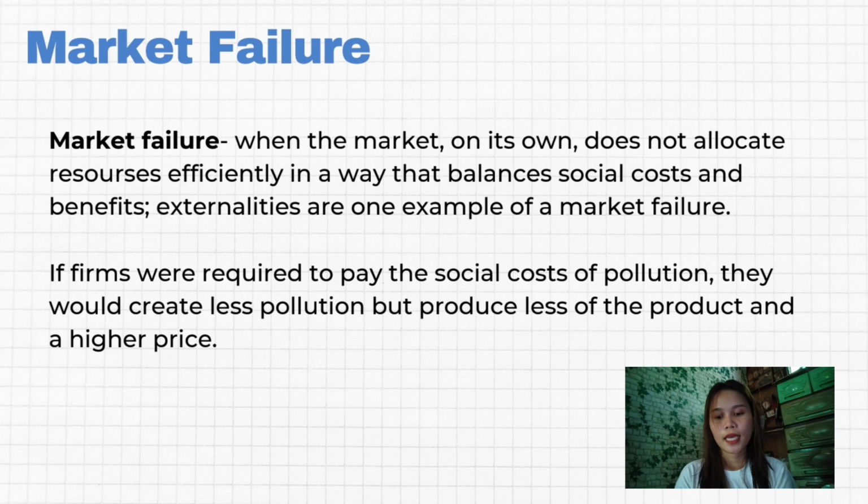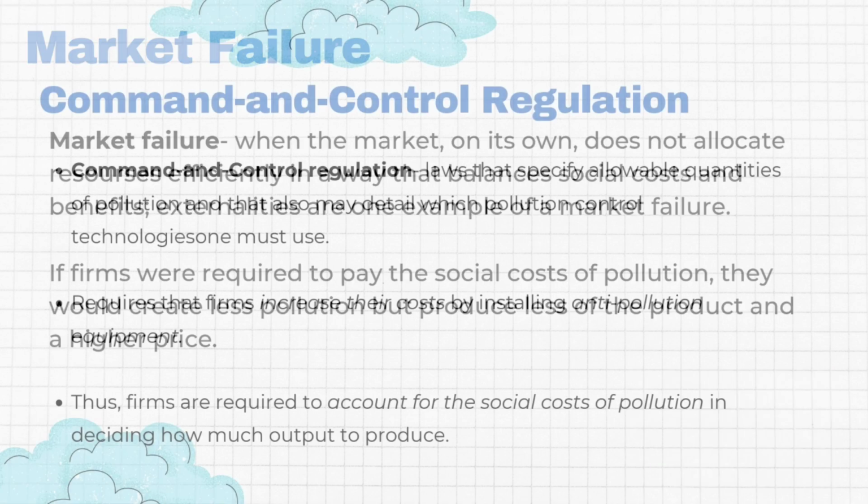If firms are required to pay the social cost of pollution, they would create less pollution but produce less of the product and therefore charge a higher price, and that flies in the face of the free market, and people react against it.